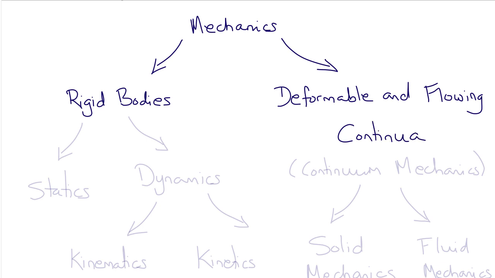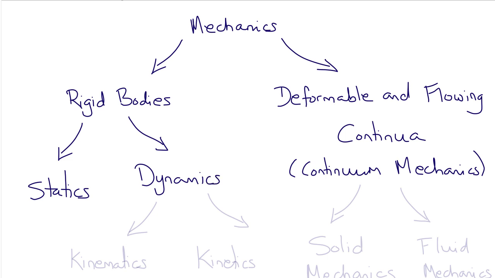So this side is the focus of continuum mechanics, whereas the mechanics of rigid bodies includes the studies of statics and dynamics. Then within dynamics, we have kinematics, which refers to the motions of systems of particles and bodies, and kinetics, which refers to the forces that are involved in producing those motions.